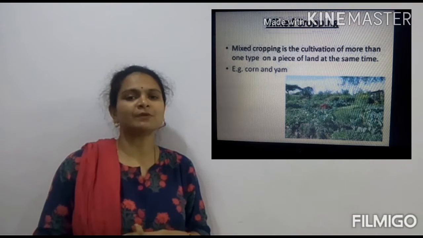The next one we are going to discuss is the intercropping method. What is intercropping? This is the advanced method of mixed cropping. Here, as in mixed cropping, the farmer will select two different varieties of crops or more than that. But here the farmer will follow a particular sequence.